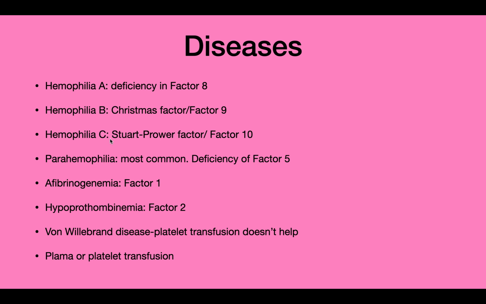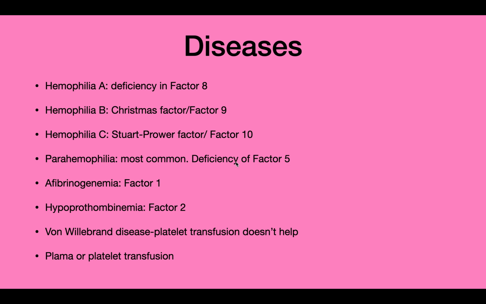Okay, so hemophilia A is going to be a deficiency in factor 8, so there's an intrinsic pathway deficiency. Hemophilia B, also known as Christmas factor, factor 9 is going to be affected. Hemophilia C, Stuart-Prower factor, or factor 10. Parahemophilia, also known as Owren's disease, I think I'm saying it right, is the most common one.